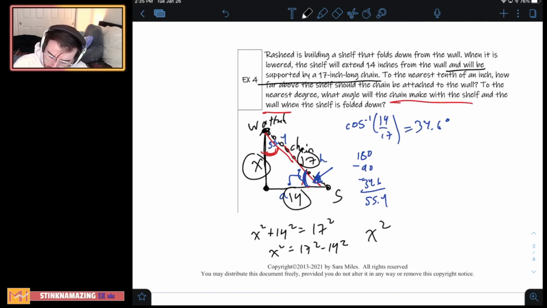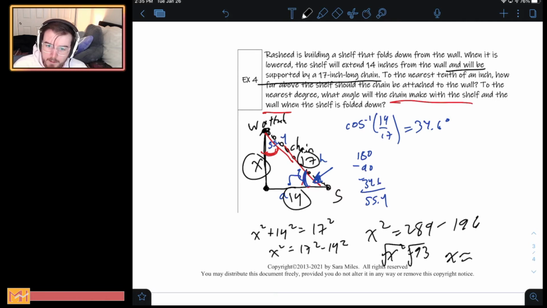You get 289, and square the 14, you get 196. Then you can subtract, and I got 93. When I take the square root, the approximate distance is 9.6. Lovely.